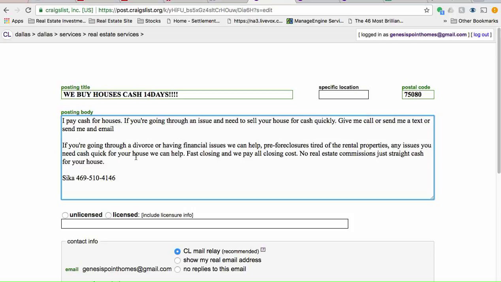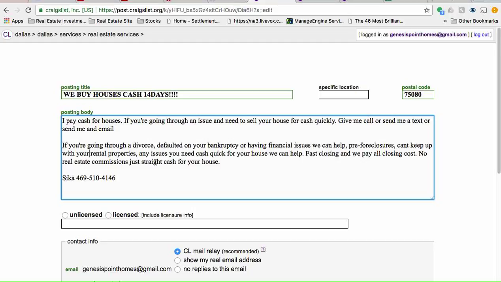If you're going through a divorce, defaulted on your bankruptcy, or having financial issues, we can help. Pre-foreclosures, foreclosures, can't keep up with your rental properties.